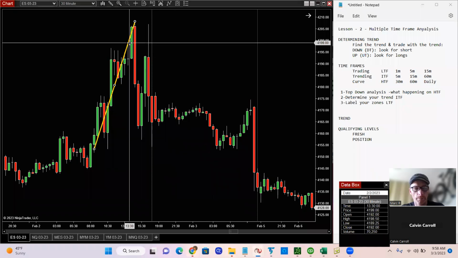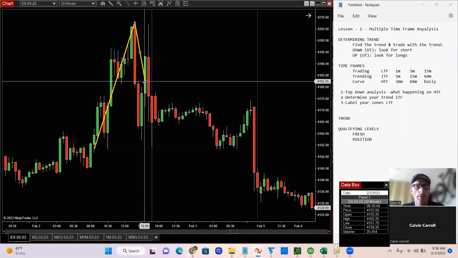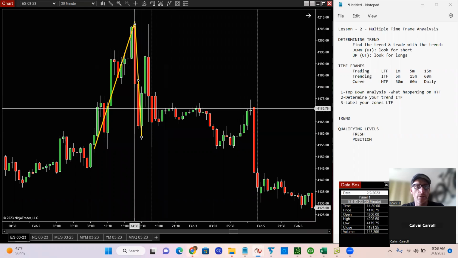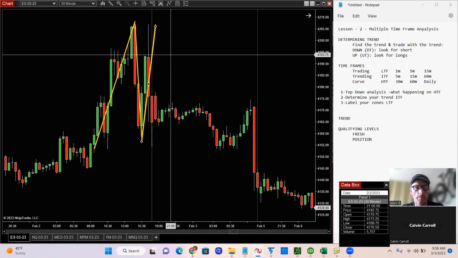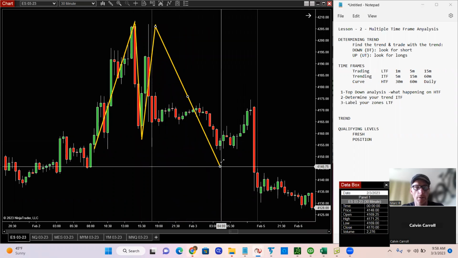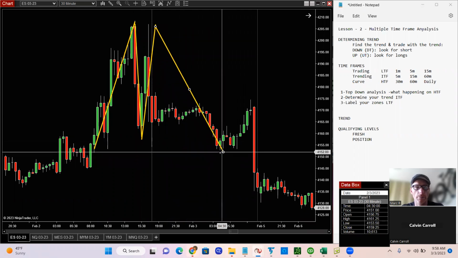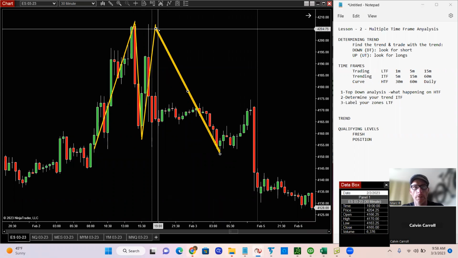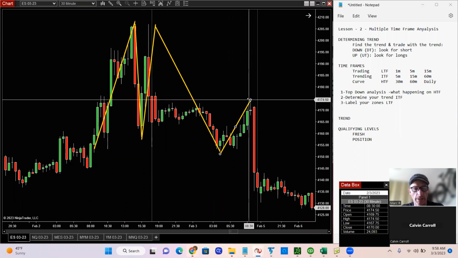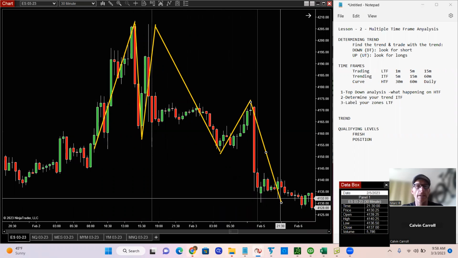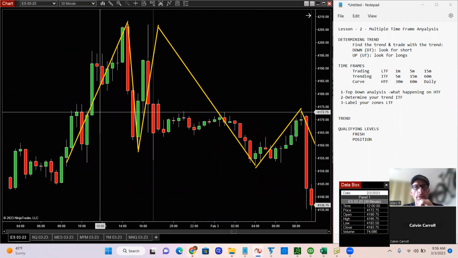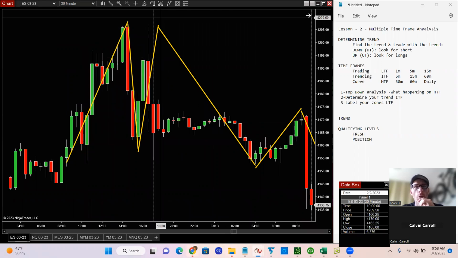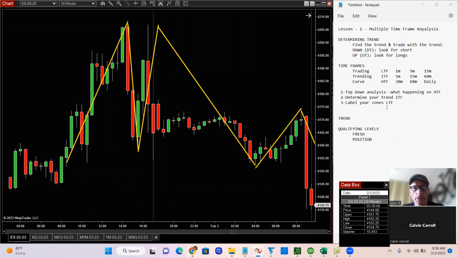Price moved up, price came down, came back up, and down. And if you want to add in this one, you can add in that swing there, and that makes it even more clear, right? So at the moment, lower high, lower low.